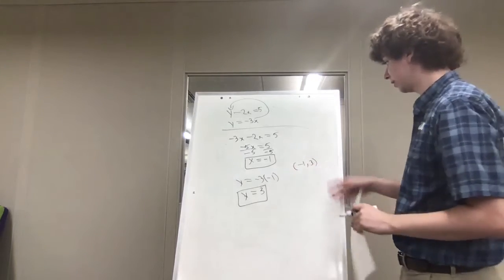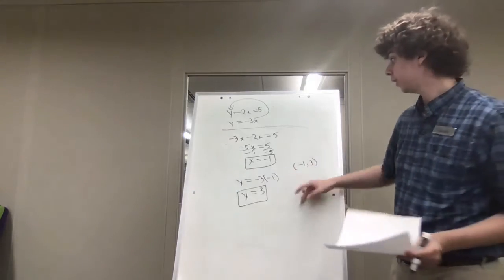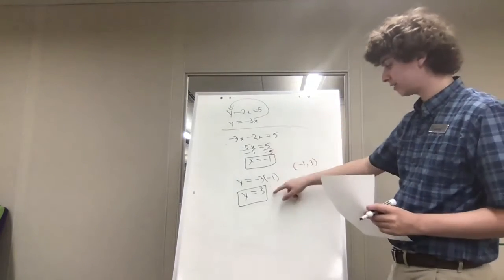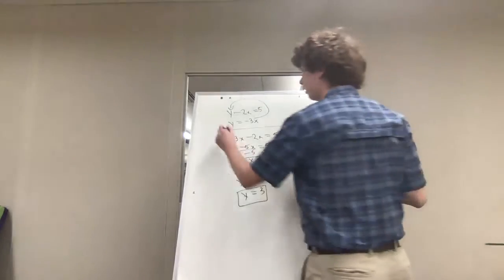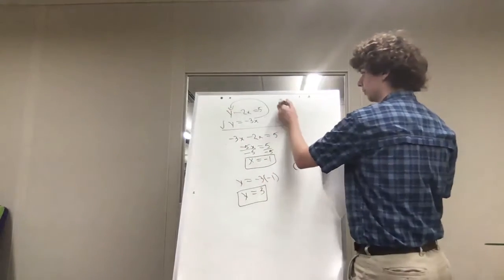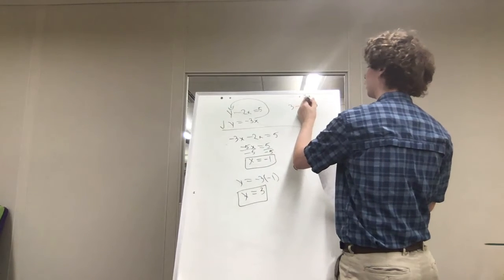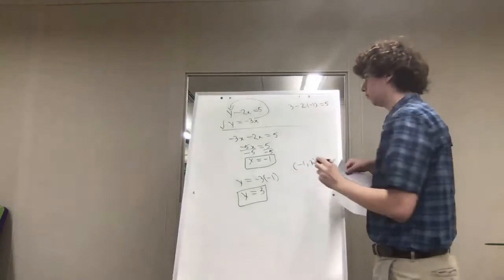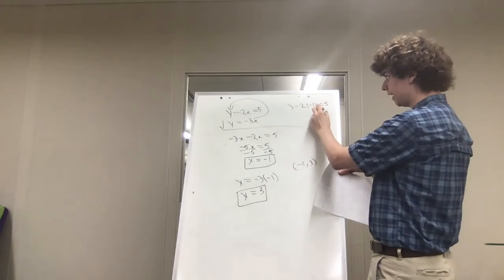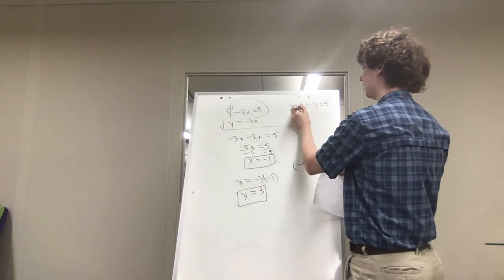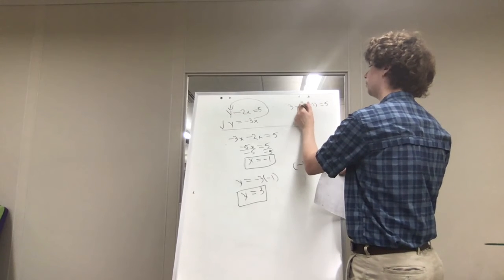Well, let's check it. We already checked against the second one, and that's how we got this answer. So we know it works for the second one. How about the first one? Well, 3 minus 2 times negative 1 equals 5. Well, 2 times negative 1 is negative 2.